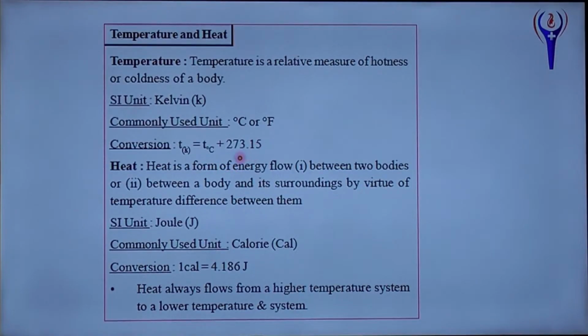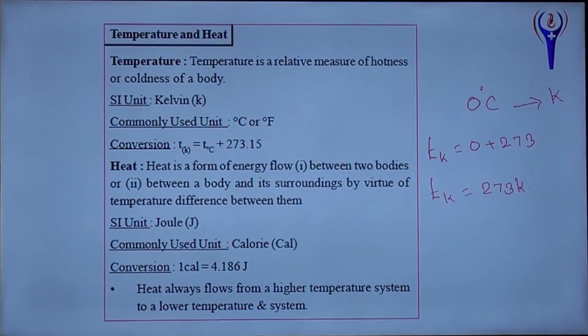Suppose there is a value 0 degree Celsius, convert into Kelvin. Then T in Kelvin equal to 0 plus 273, so T equal to 273 Kelvin. Like that we can convert degree Celsius to Kelvin, just by adding 273.